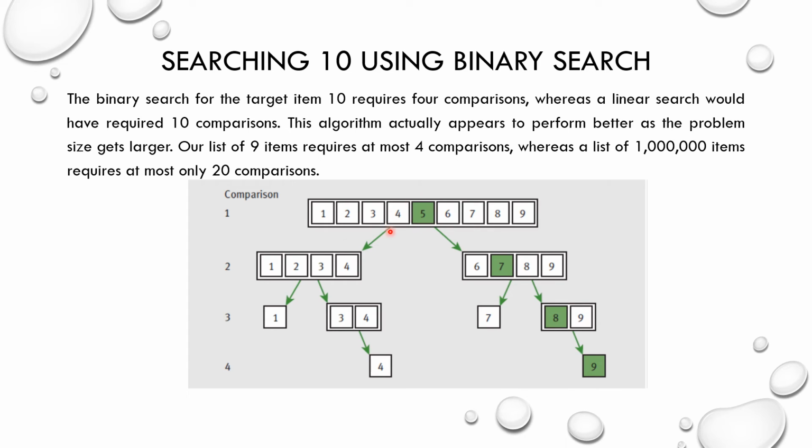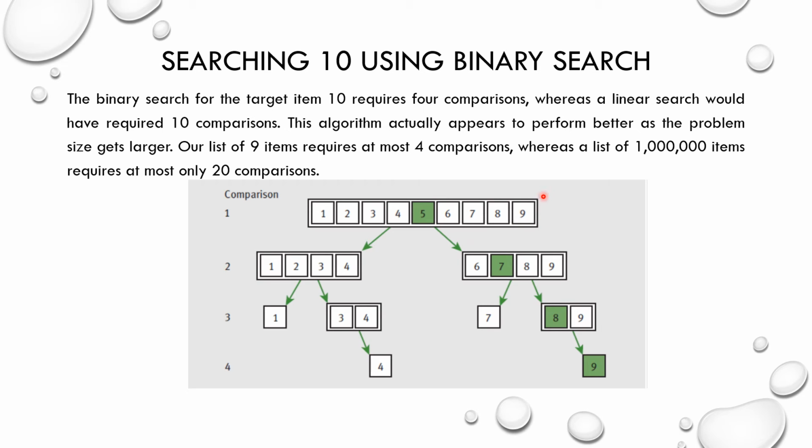As the elements in the list are already in sorted order and 10 is not available at the middle position, we check whether 10 is greater than 5 or smaller than 5. Here we find that 10 is greater than 5. As 10 is greater than 5, we will move to the right portion of the list.